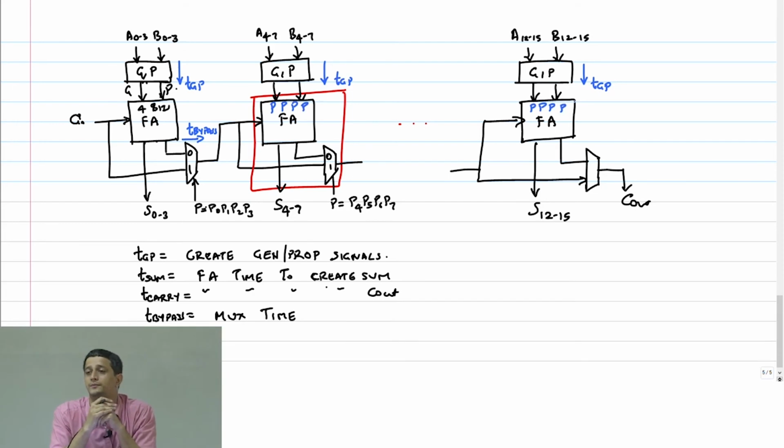Propagate mode. Okay. Now what about the first stage? Obviously, 3 adders, A1 to A3, have to be in propagate mode. What about the first adder?